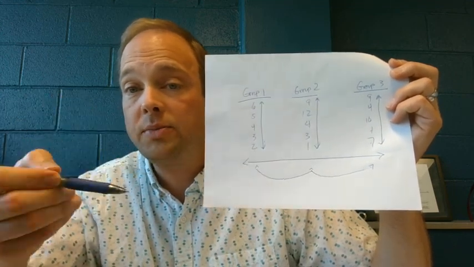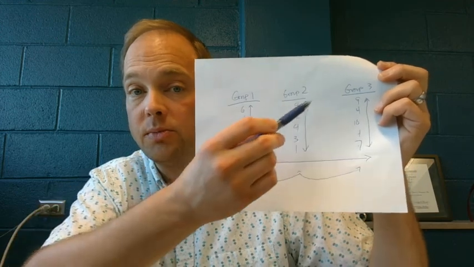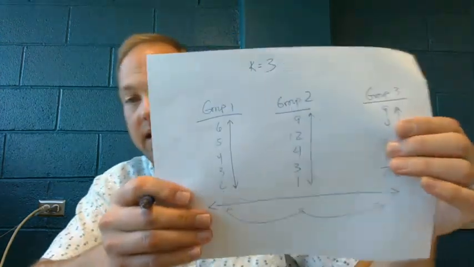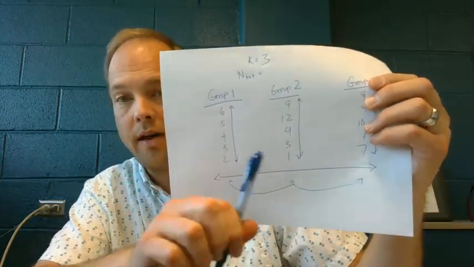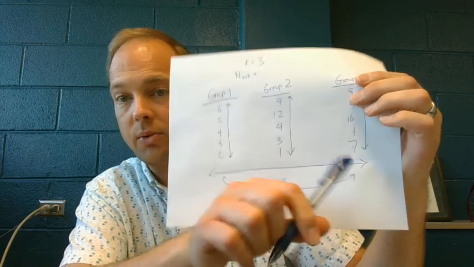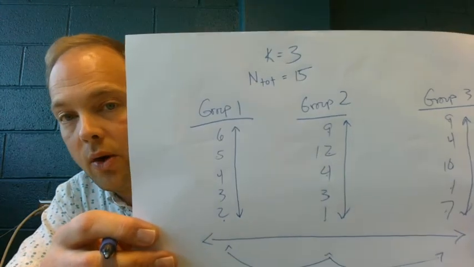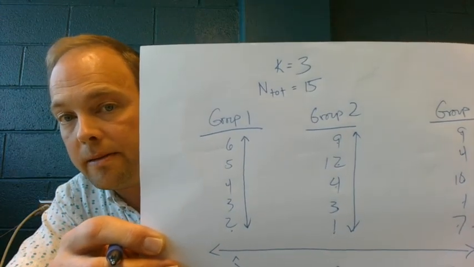So the number of groups in this analysis is 3, group 1, group 2, and group 3, which means k equals 3. Also, as we've already established, the total number of cases involved in this analysis is 15. 5 cases in group 1, 5 cases in group 2, 5 cases in group 3, 5 plus 5 plus 5 is 15. So N sub tot for this example would be 15.